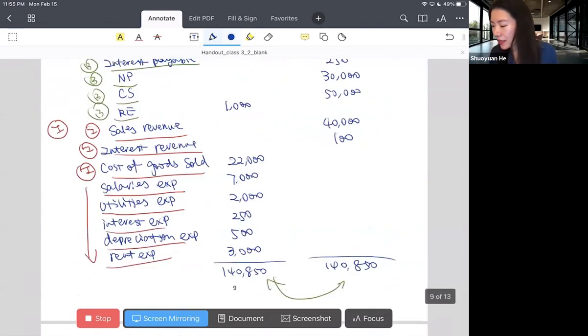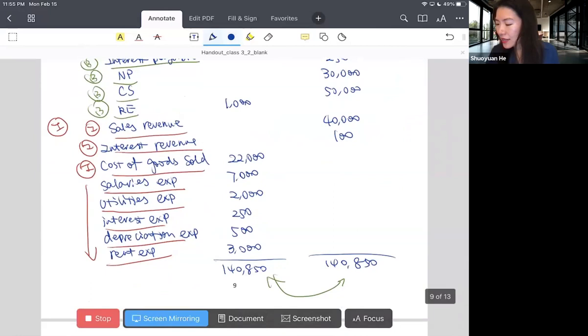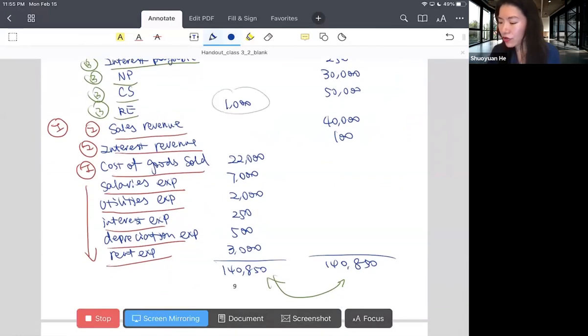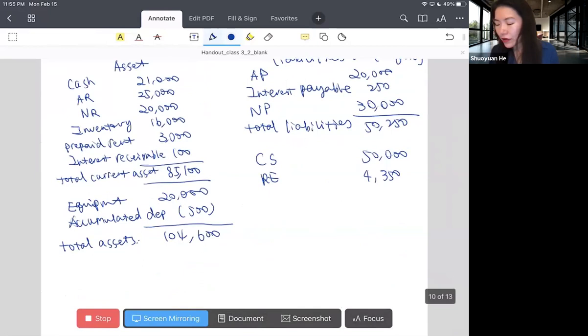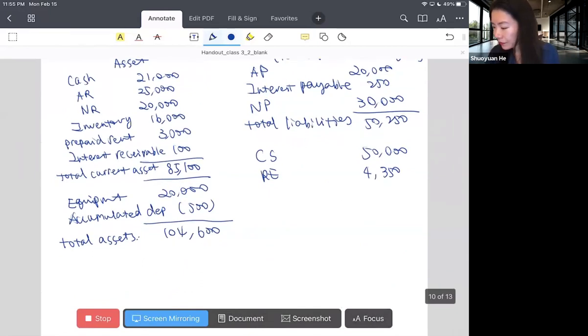4,350. And this number, the retained earning, this is actually after the closing entry. So this number we need to calculate here. You cannot just take it from the adjusted trial balance. We need to take this 1,000 plus all of the revenue minus all of the expense, and that will give you 4,350. So the total shareholders equity is 54,350.